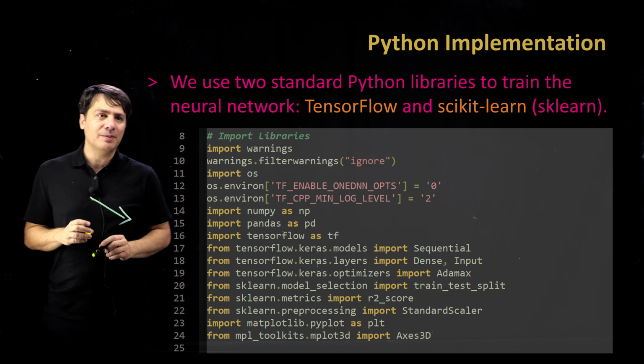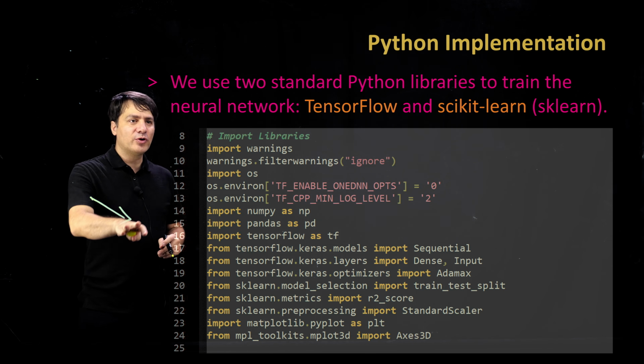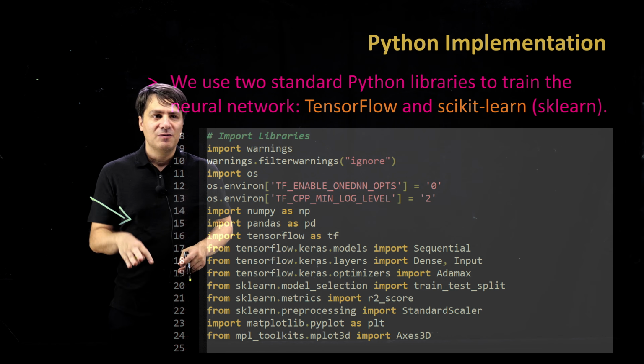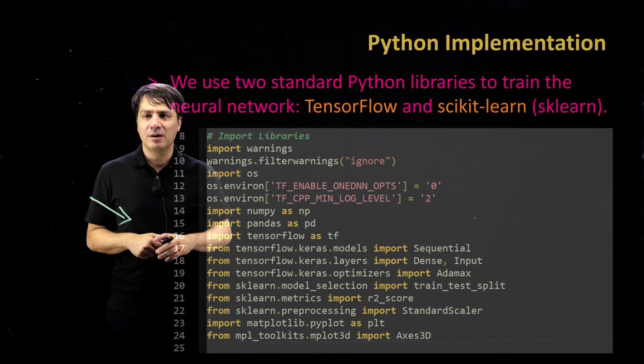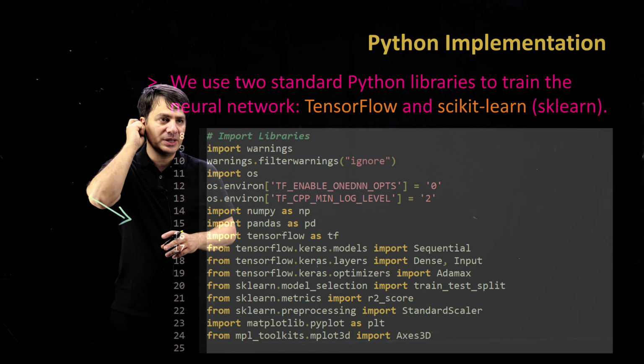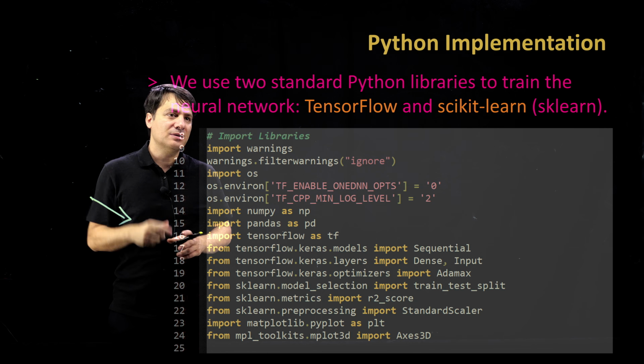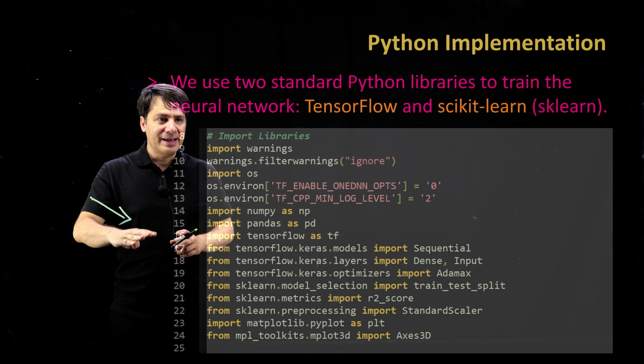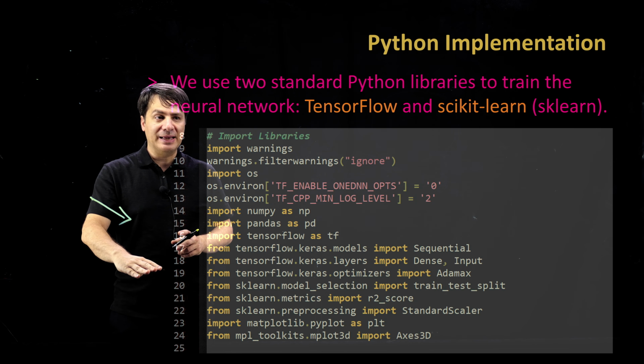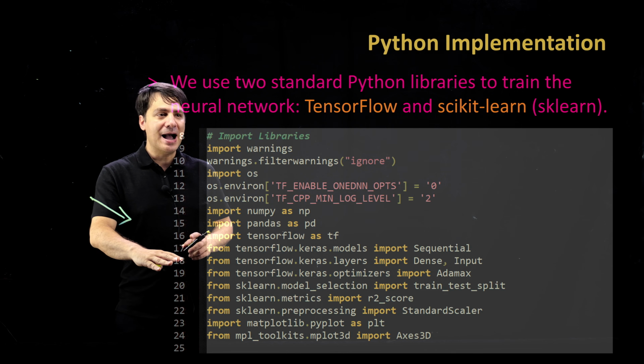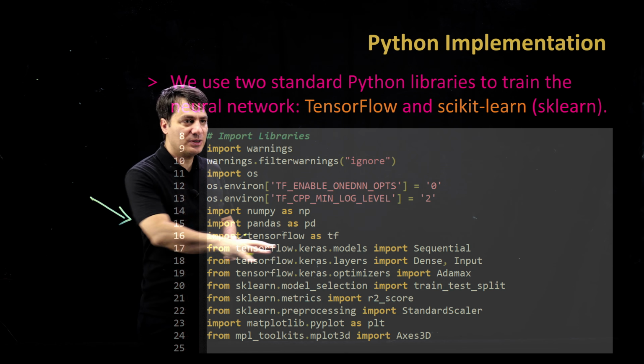So we're going to import TensorFlow as TF. We're going to import some baseline libraries like pandas and NumPy for data frames. And then we're going to use specific types of models, which we're going to describe.